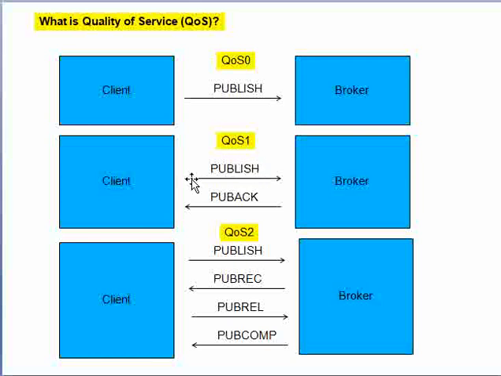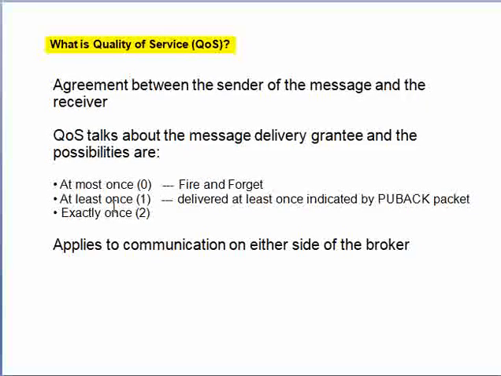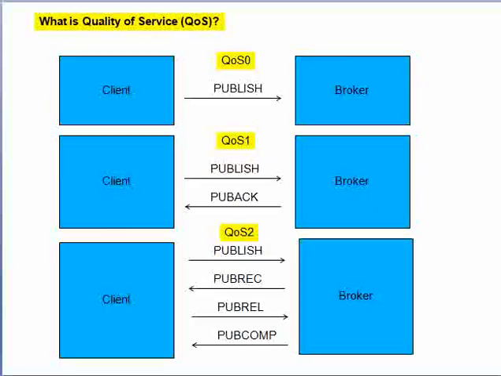QoS 1, where you publish the data to the broker, and the broker gives back the PUBACK, which is the acknowledgement. Until, as we mentioned, PUBACK is received after a specific interval, the client is going to keep on publishing the data, because this is called at least once. The message should be transmitted at least once, which might be very critical information.